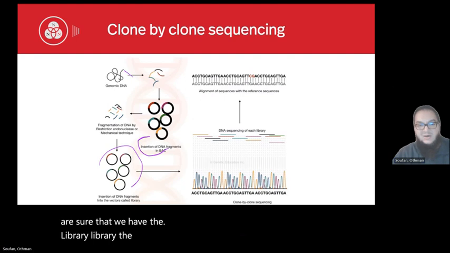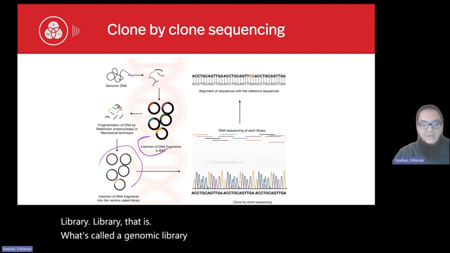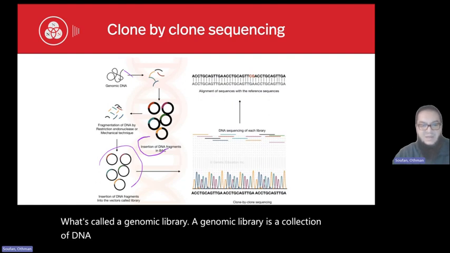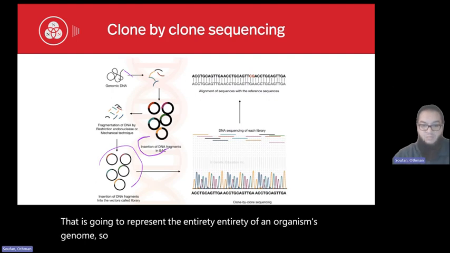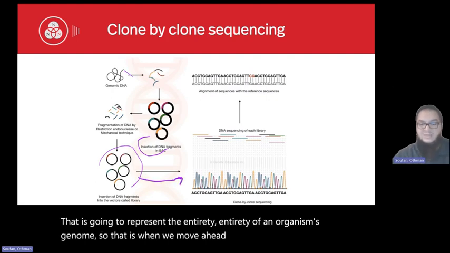That is what's called a genomic library. A genomic library is a collection of DNA fragments that represents the entirety of an organism's genome. That is when we move ahead and start clone by clone sequencing.